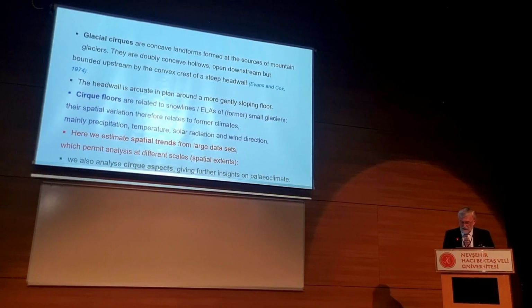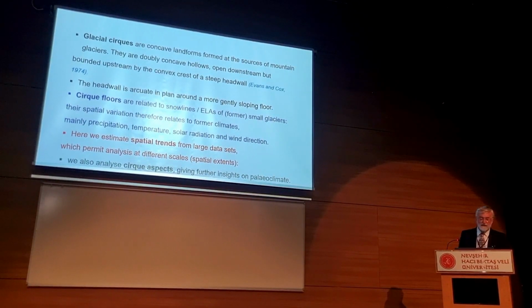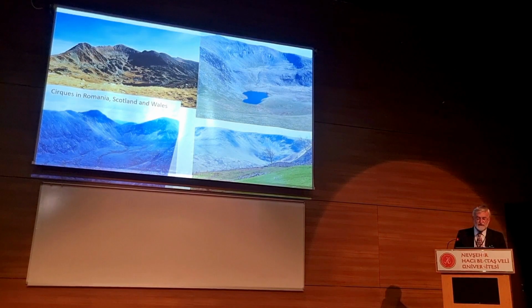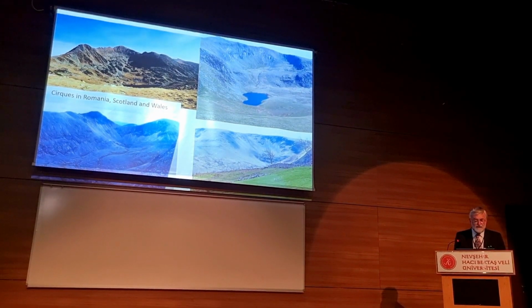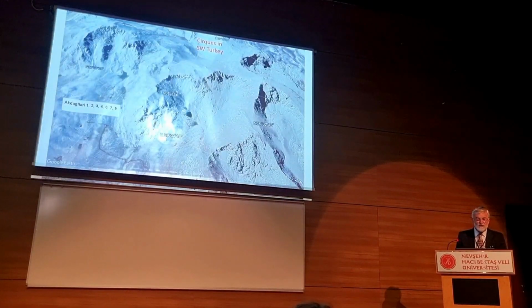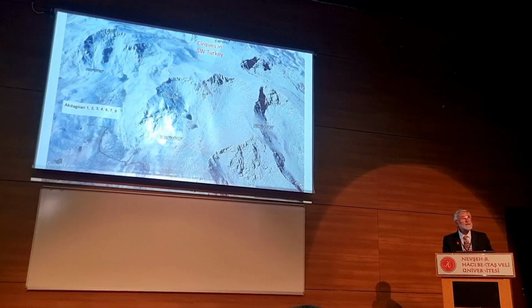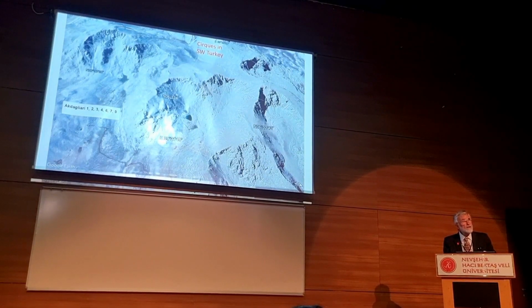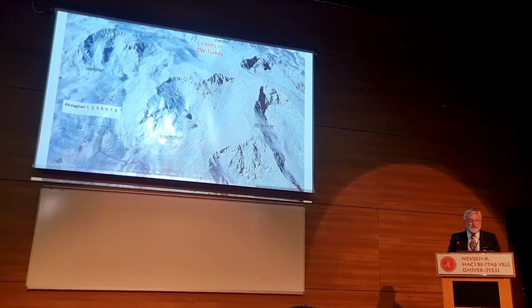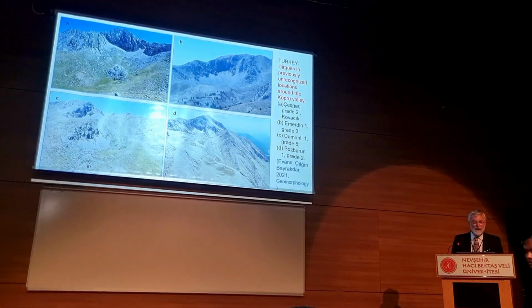So we're looking here mainly at spatial trends from these large data sets. I think you know what cirques look like. Here are some from the British Isles and from Romania, but of course you do have very many cirques throughout the Taurus Mountains in Turkey, the Black Sea Mountains, and the mountains in eastern Turkey.